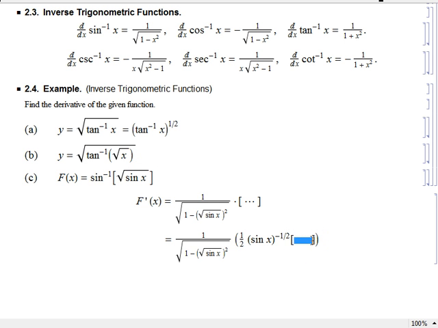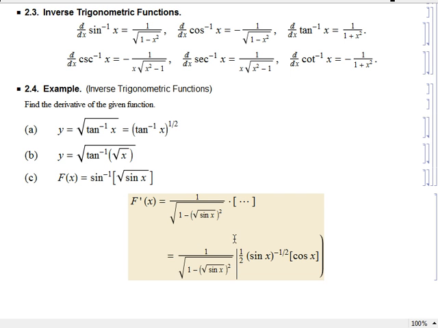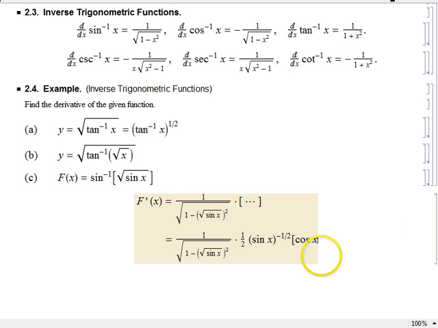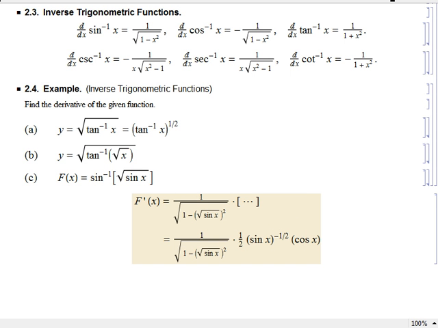That derivative is going to be cosine. So let's express all this as multiplication. And then of course you can do some further simplification if you will.